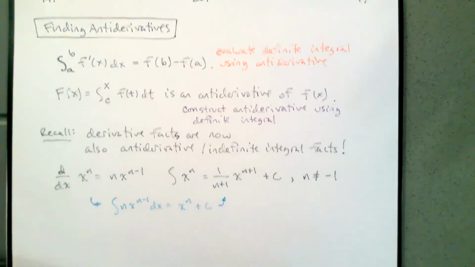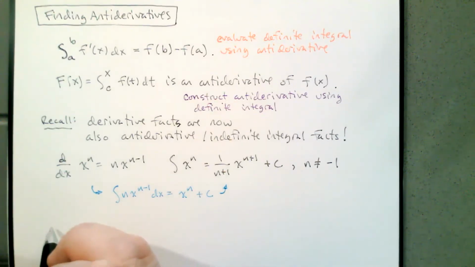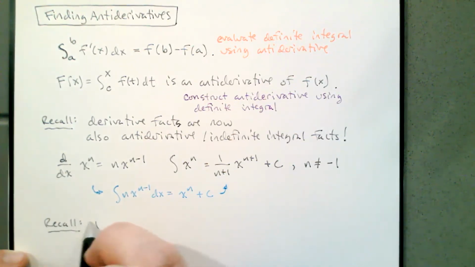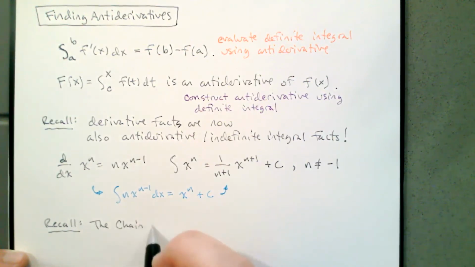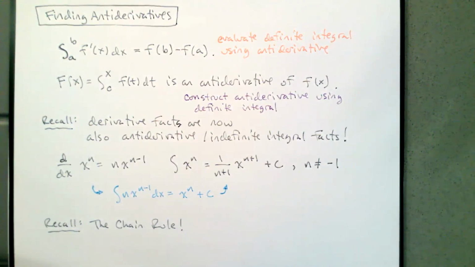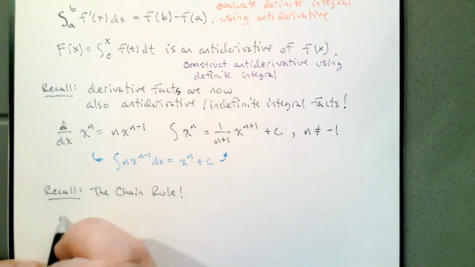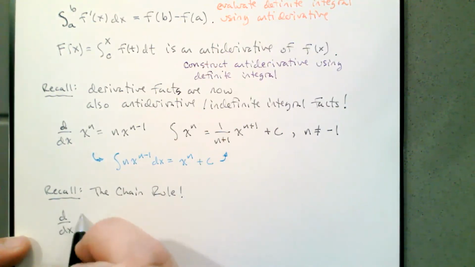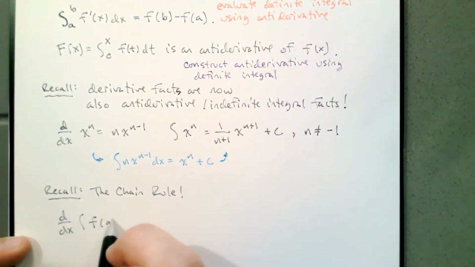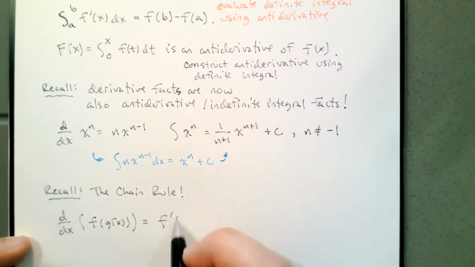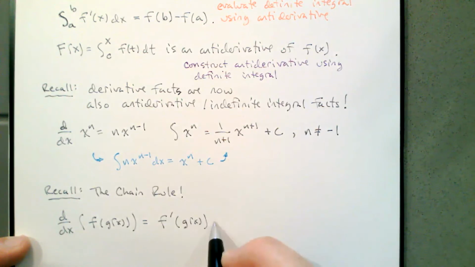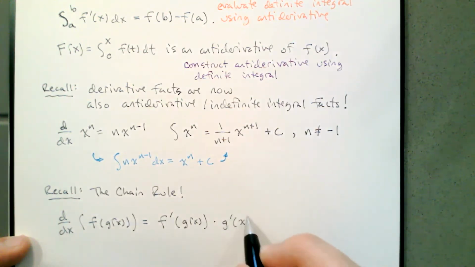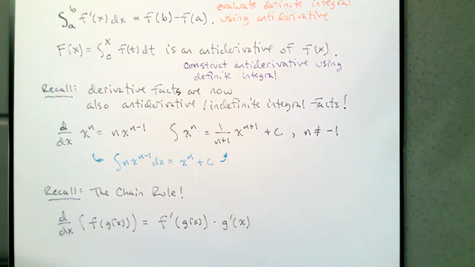So, for example, recall we had a chain rule which said the following: the derivative of a composition of functions, f of g of x, is the derivative of f with respect to g times the derivative of g with respect to x. So here's the chain rule.